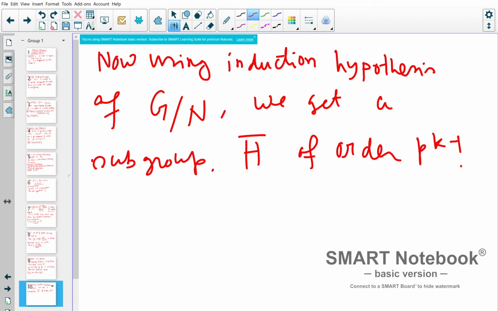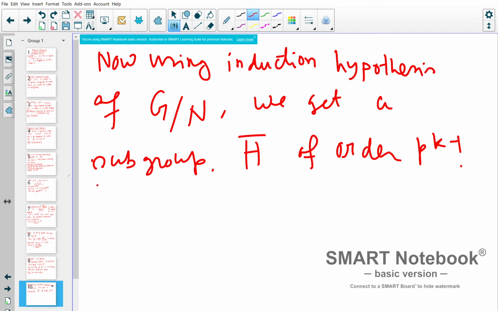And now we remember this fourth isomorphism theorem, or correspondence theorem. So what does the correspondence theorem tell you? The correspondence theorem tells you that there is a one-to-one correspondence between the subgroups of G mod N and the subgroups of G containing N, right?